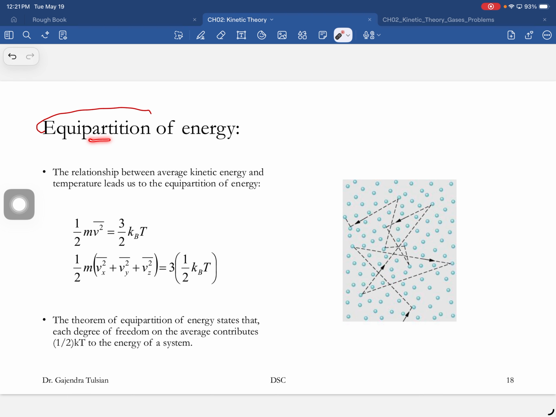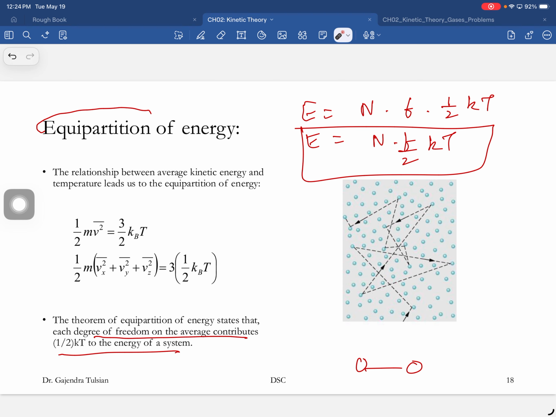N times F by 2 kT. It's that simple. So now if you want to calculate the energy of a system, the problem has been reduced to finding out the number of degrees of freedom. It's a very useful formula.